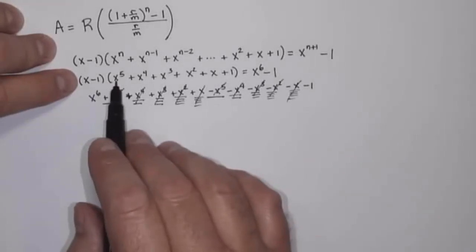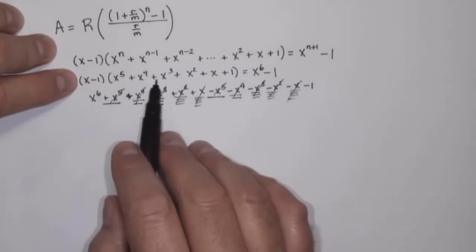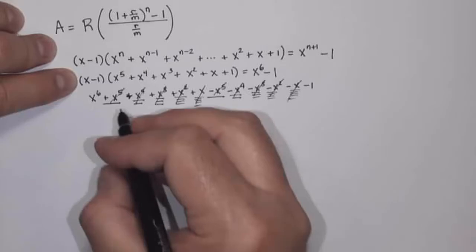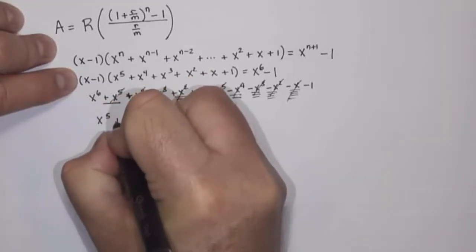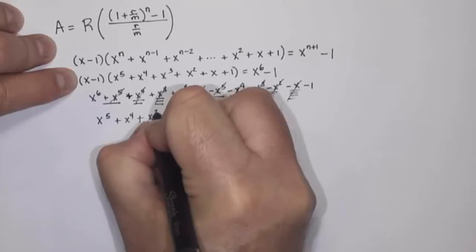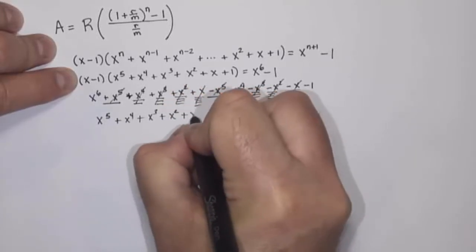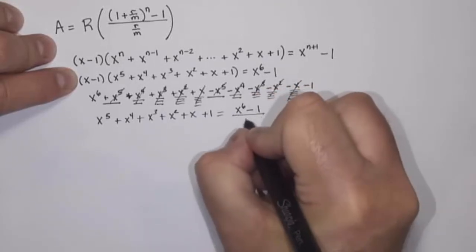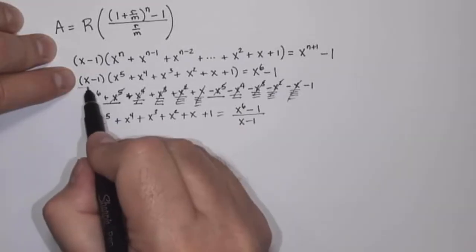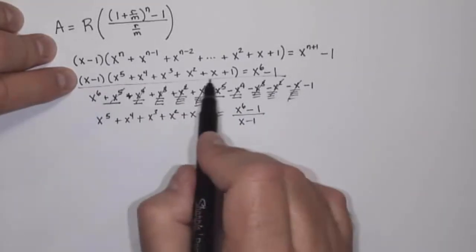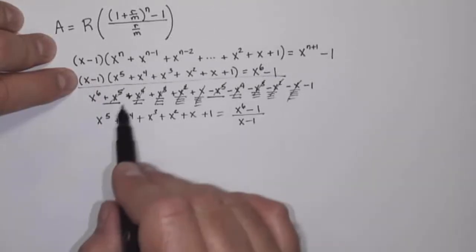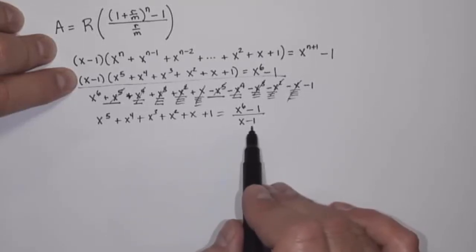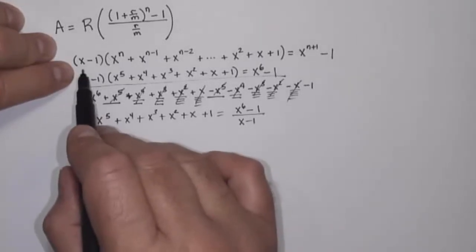Well, if this is true, if x to the 5th plus x to the 4th plus x cubed plus x squared plus x plus 1 times x minus 1 equals this, then that means that x to the 5th plus x to the 4th plus x cubed plus x squared plus x plus 1 is going to equal x to the 6th minus 1 divided by x minus 1. In other words, if I divide both sides of that by x minus 1, then this part in parentheses is going to equal this divided by x minus 1. Make sense? So that's true in general.